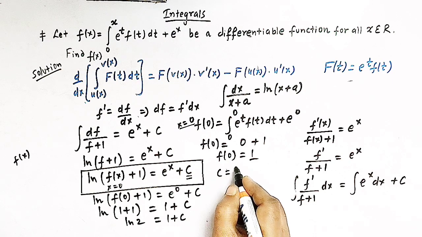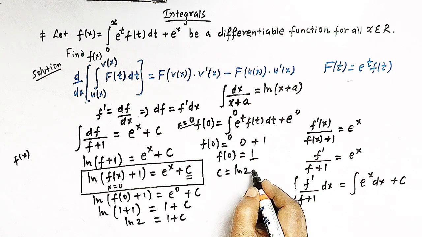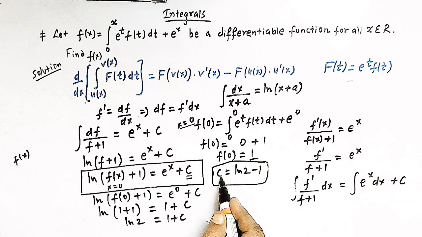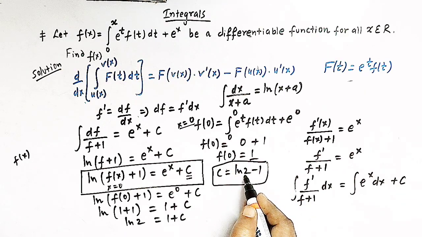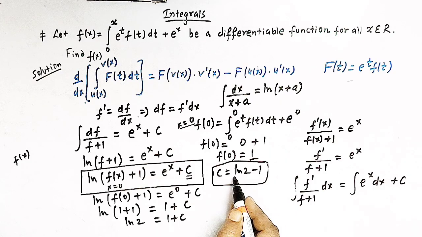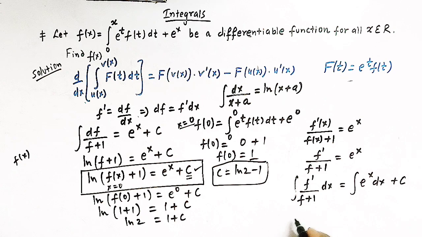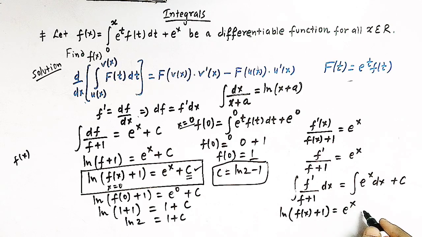So c is equal to natural log of 2 minus 1, right? So we have obtained the value of c as natural log of 2 minus 1. So let us substitute it in this equation. So we will write now natural log of f of x plus 1 is equal to e raised to x plus log of 2 minus 1.